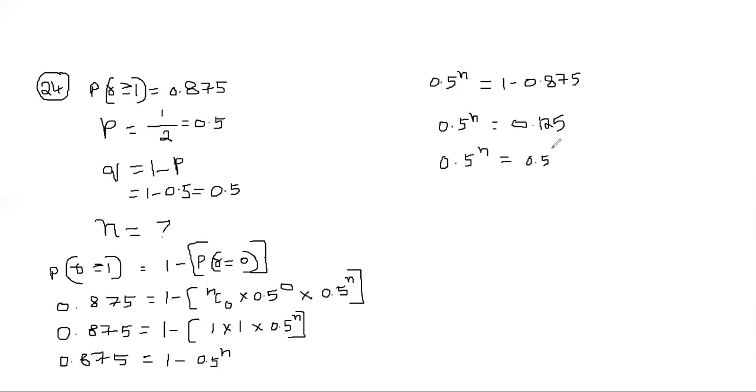But 0.5 raised to the power of 3, how much will you get? 0.125. So base and base will be cancelled, powers are left out. So n value will be equal to 3.